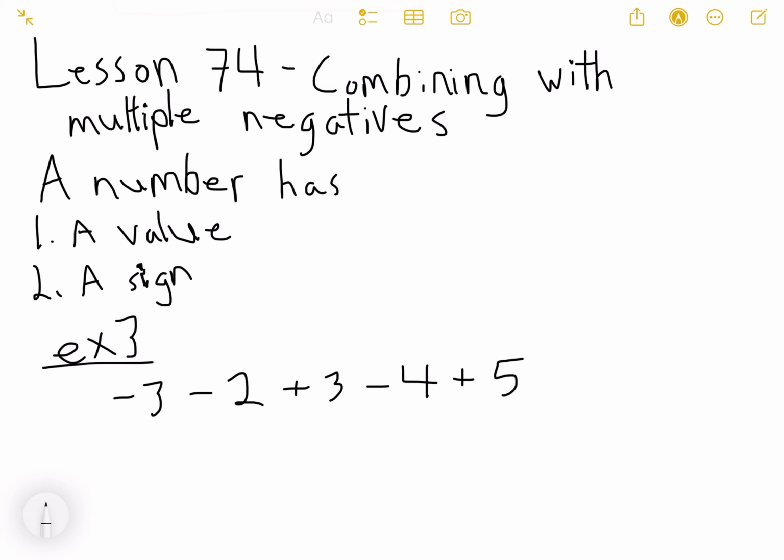Well, you can do this multiple ways. I typically like to just have one sign between my numbers. I think it's a little bit more confusing if you do it otherwise, but I could have different signs for these.